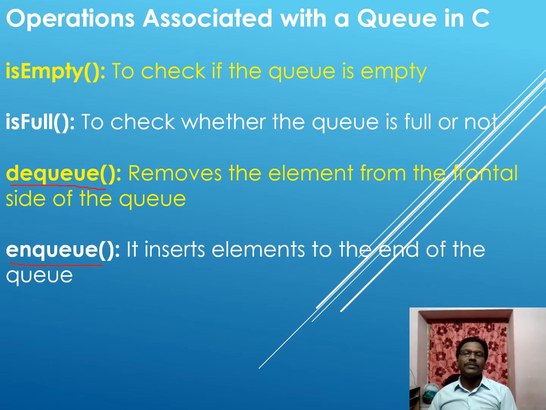For example, in a queue like this, this is the front and this is the end. With enqueue, the elements are added at the end of the queue, and dequeue removes elements from the front end.